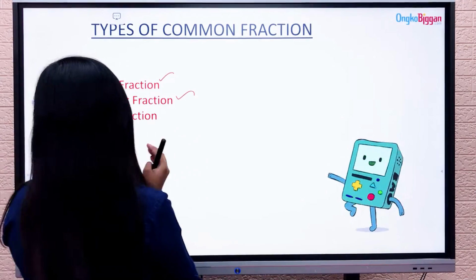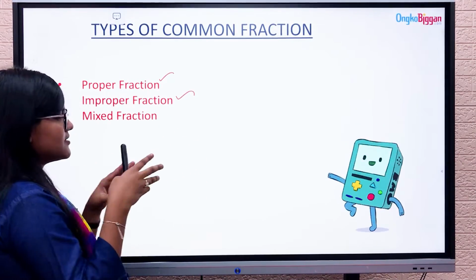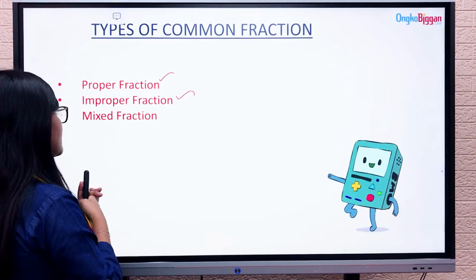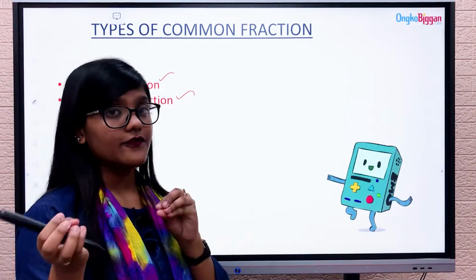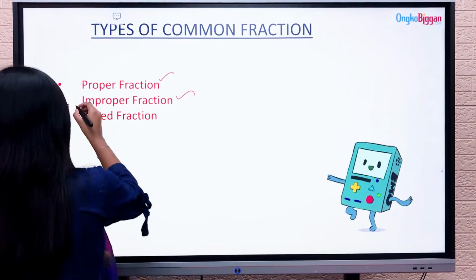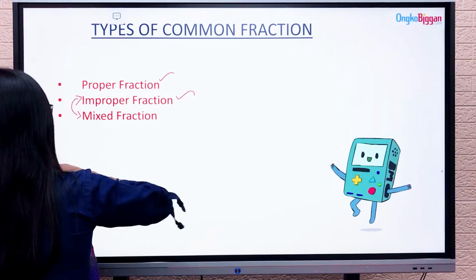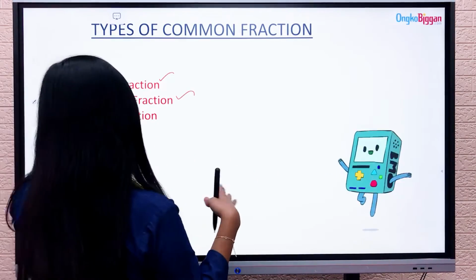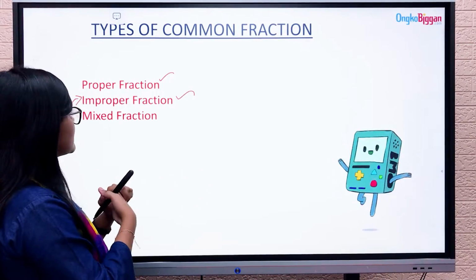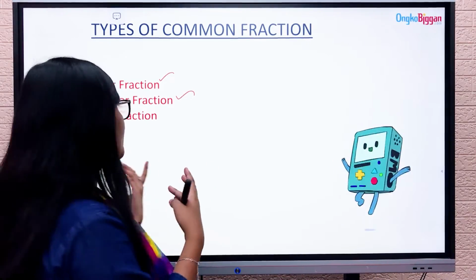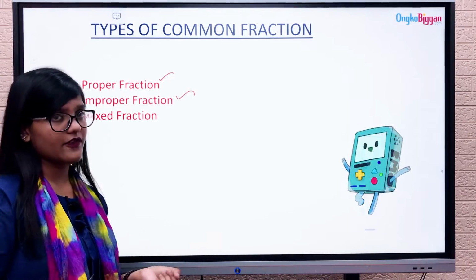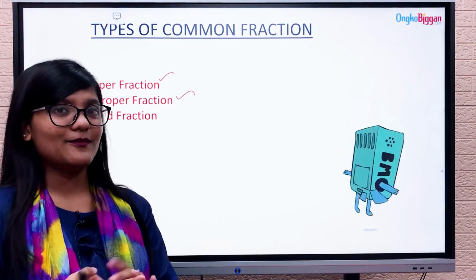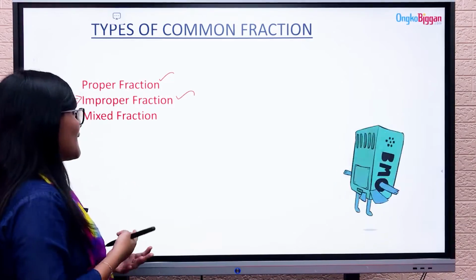Improper and mixed fractions are convertible to each other. You can convert an improper fraction into a mixed fraction, and also a mixed fraction into an improper fraction, but there is no scope to convert a proper fraction into improper or mixed.